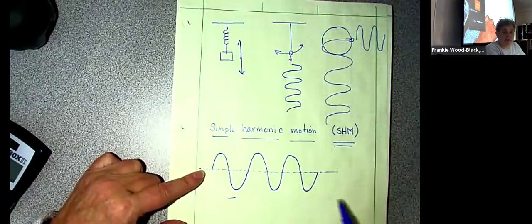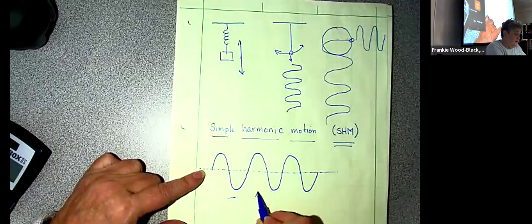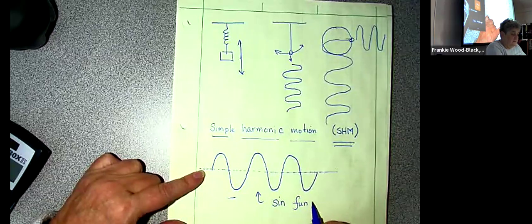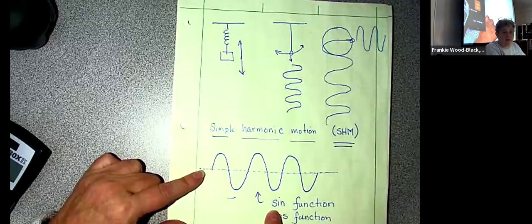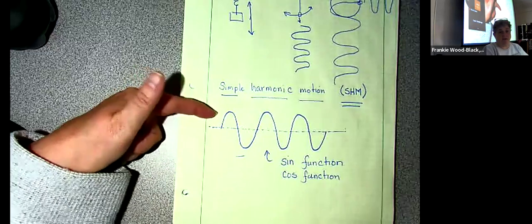If I were to plot and look at this plot on a graph, I can represent that mathematically. I can totally represent that mathematically. This is either a sine function or it's a cosine function. Because both the sine function and my cosine function will give me the same thing, will give me this behavior.